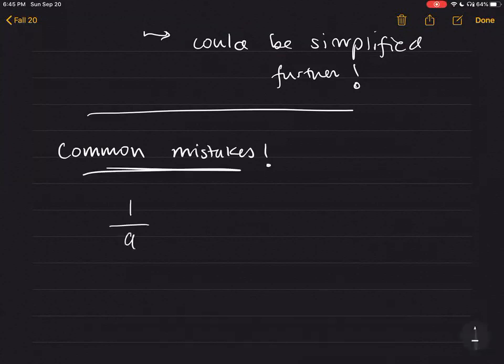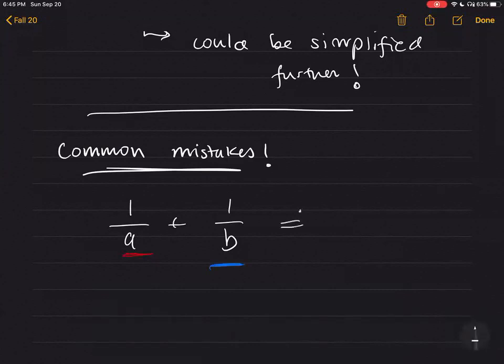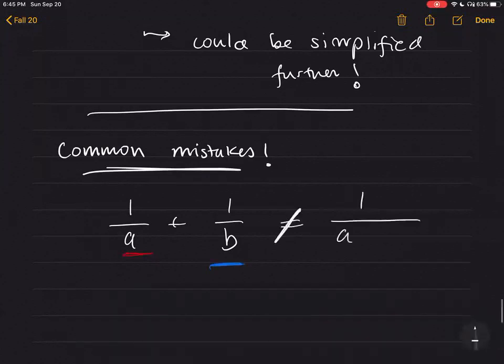As I discussed previously, if you have some fractional expression, and the denominators, in this case we have a and b, are not the same, then this is not equal to a plus b. So again, you cannot add or subtract fractional things when the denominators are different. You have to play around with them and try to make them the same, and then you can go ahead and do it.